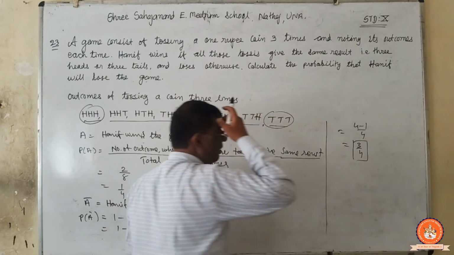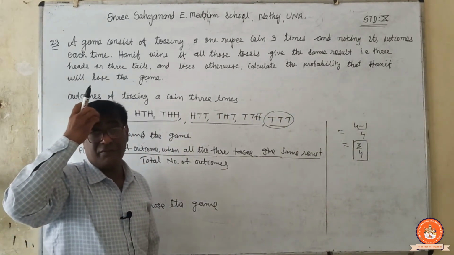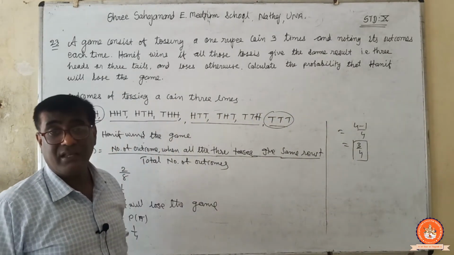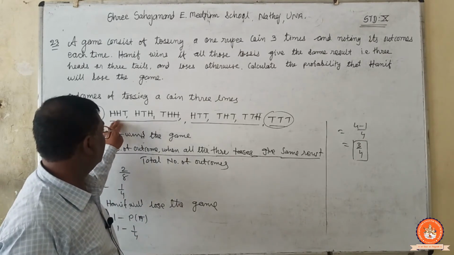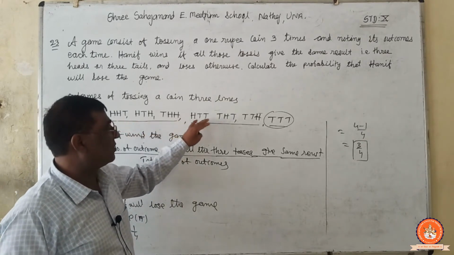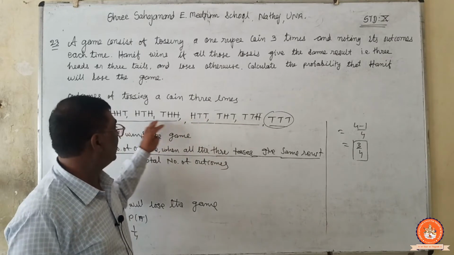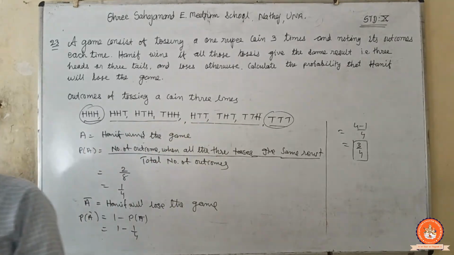So the probability of the event that Hanif will lose the game is 3/4. These are the events when there is no same result all the 3 times. Okay, very good.